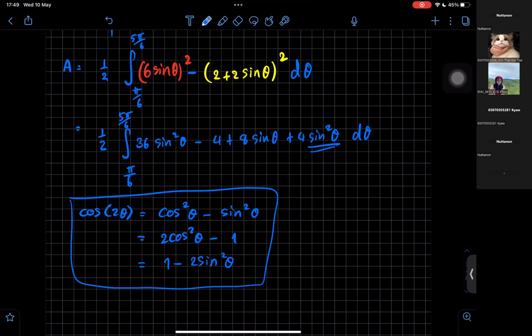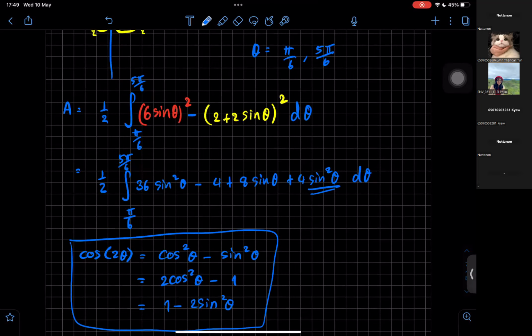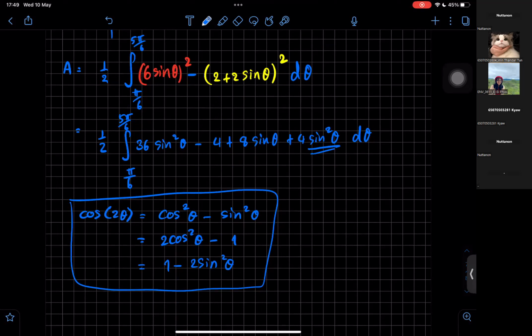You're going to use this property a lot when doing this integration in polar.